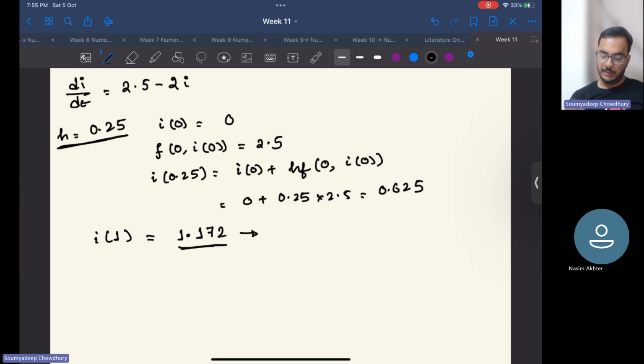You can see a continuous increase in the value of the function. It is a monotonically increasing function. There is no unstable behavior, there are no oscillations. So this we can call a stable solution.